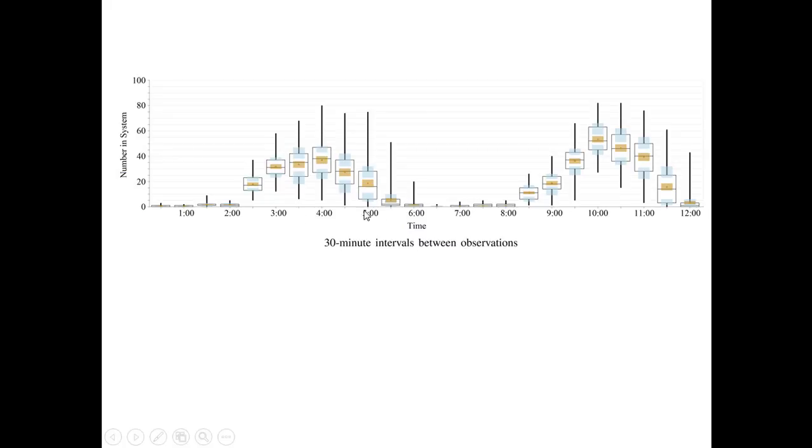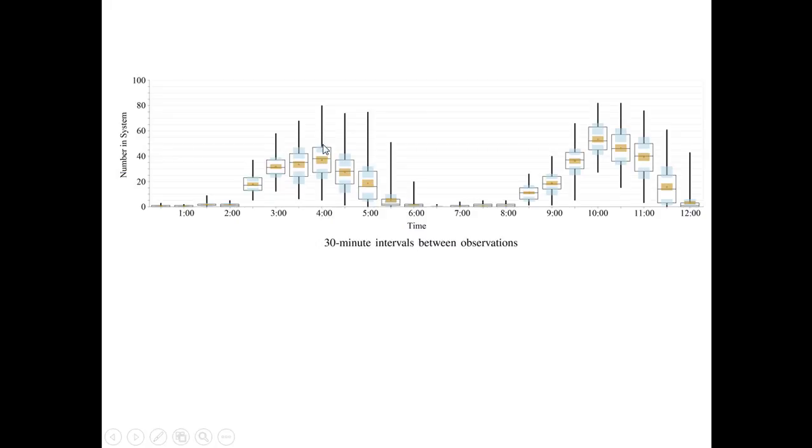So again, I have my 12 hours, and what I have is a Moore plot for different points in time. In this case, I'm using 30-minute intervals between my observations. I collect number in system at 30 minutes, 1 hour, 90 minutes, 2 hours, and so on.